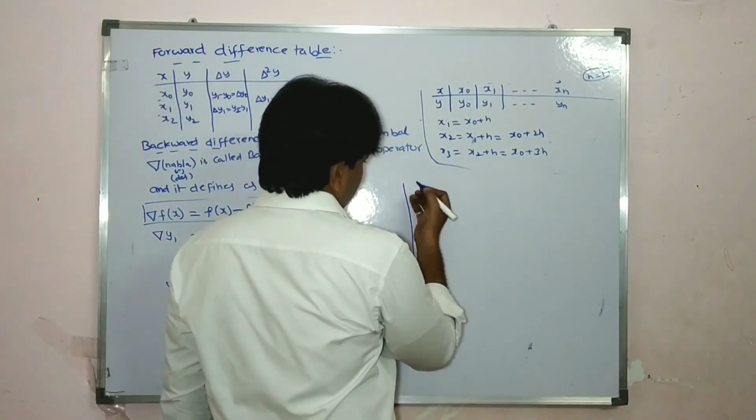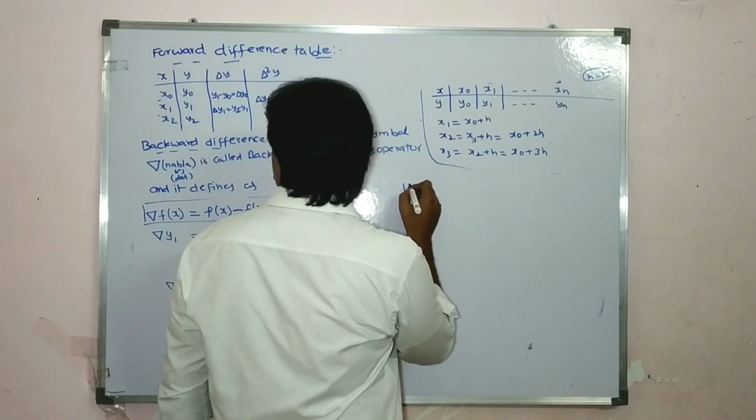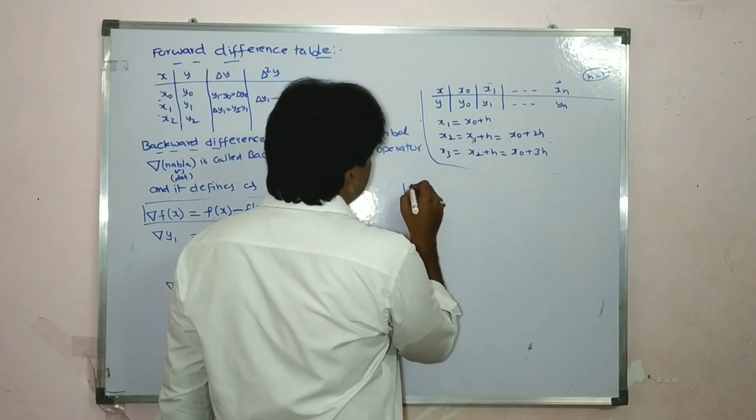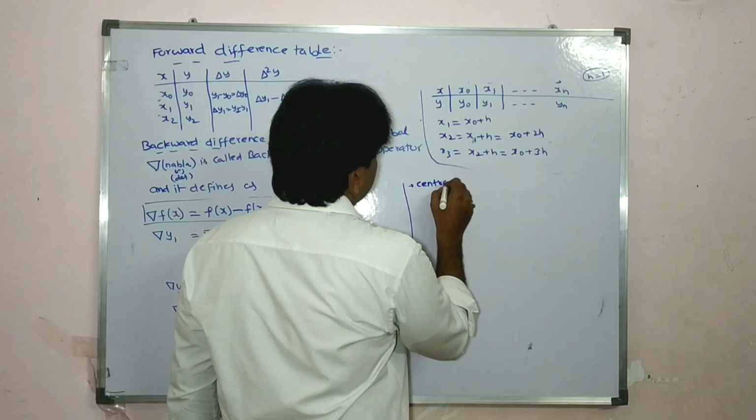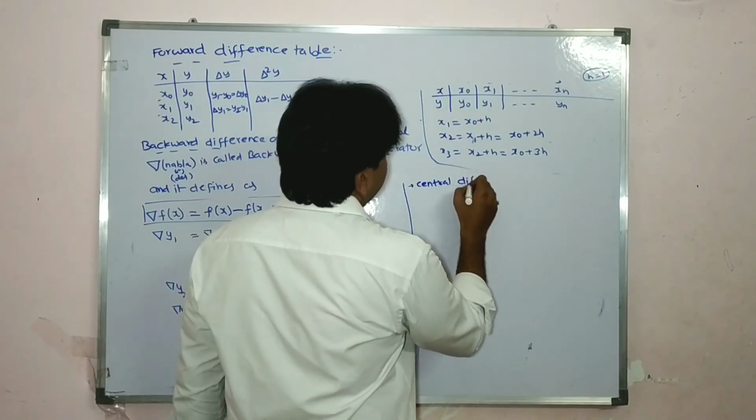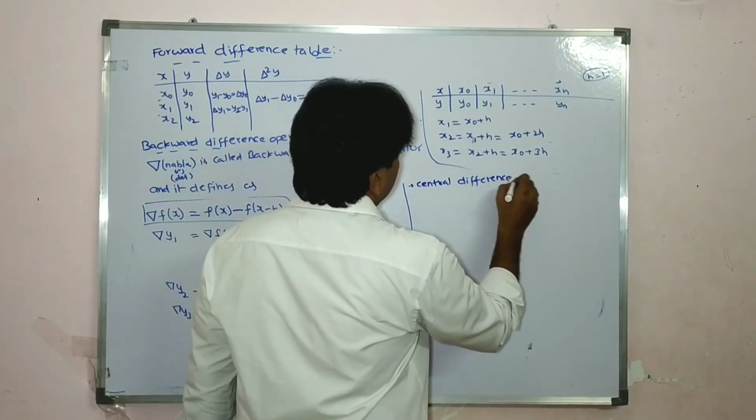There are some other finite difference operators. What is next, students? After backward and forward, the central difference operator.